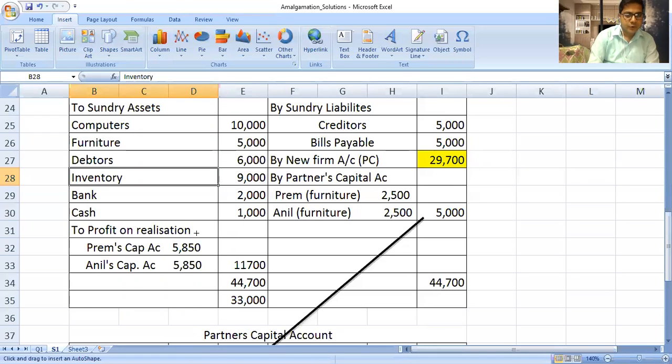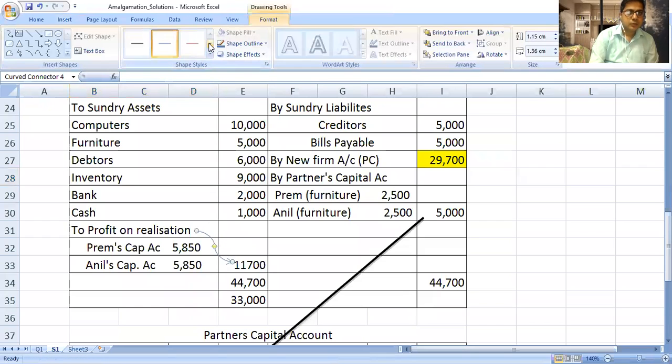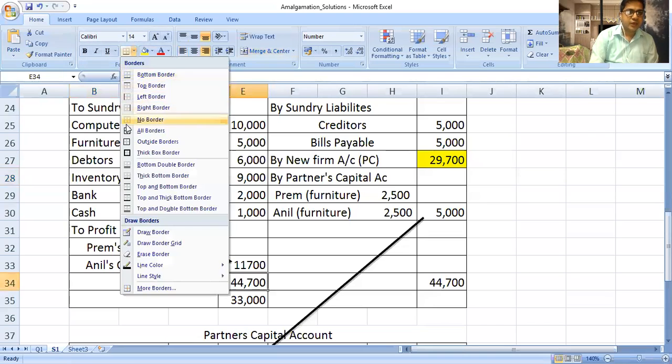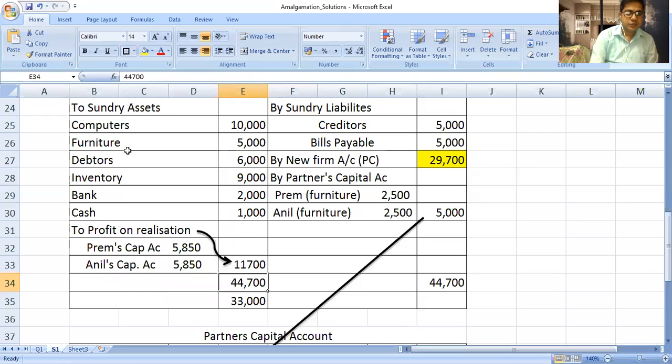Whatever profit is there, this particular profit we will distribute equally, as per their profit sharing ratio. Yes, I hope you understood. Now we distribute this equally as per their profit sharing ratio to Prem and Anil.